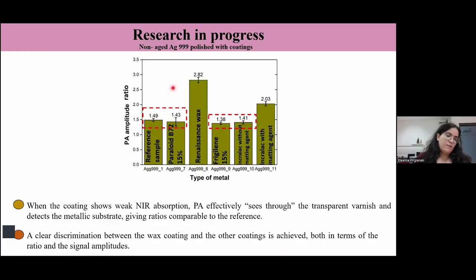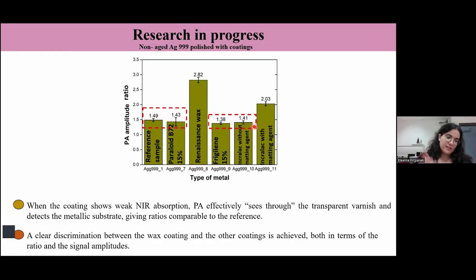So, as you can see from the photoacoustic amplitude ratio graph, the reference sample gives a ratio of 1.49, and a similar ratio is obtained for the samples coated with Paraloid, Frigilene, and Ingralac without matting agent.